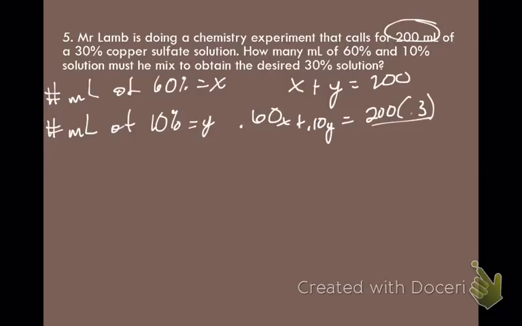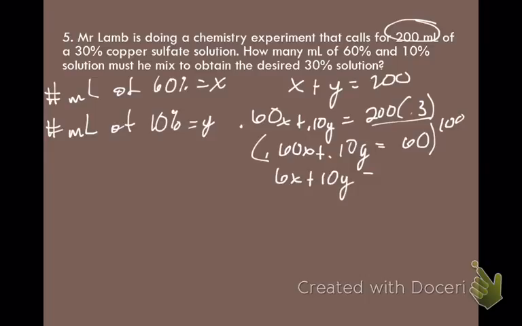Okay, I'm going to go ahead and multiply these out. Get 60 here. And then again, I'm going to clear these decimals by multiplying by 100, because I've got to move both of these decimals over two places. And when I do, I get 6x plus 10y has to equal 60 times 100 is 6,000.